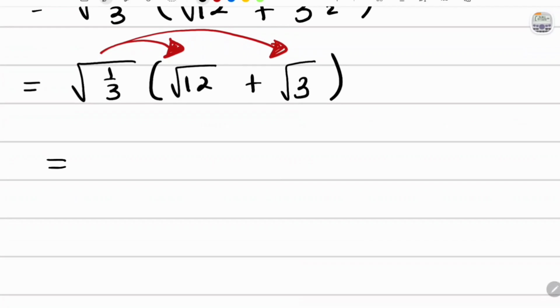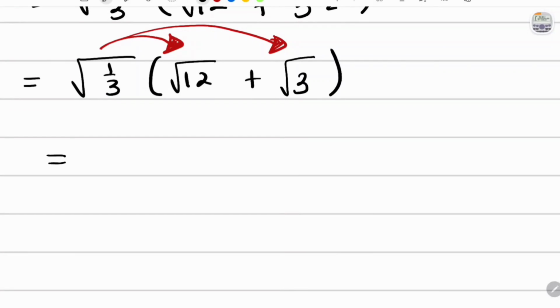So this is finally equal to, remember the rule that I spoke about in the beginning. If you have the squares of something multiplied by the squares of something, you can put them under the same square root. So it means that here we can call that the square root of 1 over 3 multiplied by 12 when this multiplies by this.